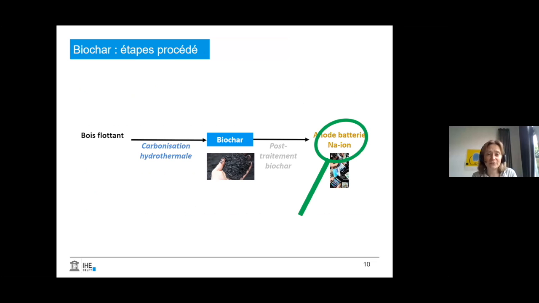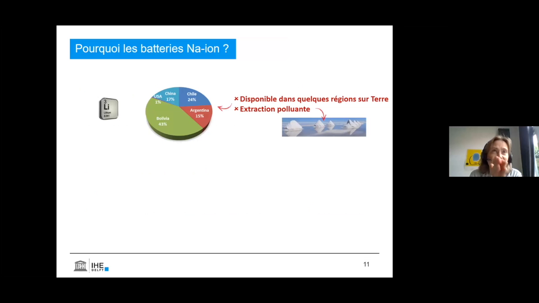Now, the final thing: why take an interest in its use in batteries, and in particular in sodium-ion battery anodes? I'm not sure exactly how many of us there are, but if there are around 30 of us, that makes a minimum of around 60 lithium batteries if we count mobile phones and laptops.